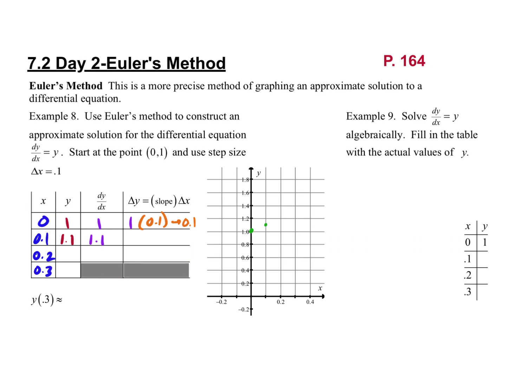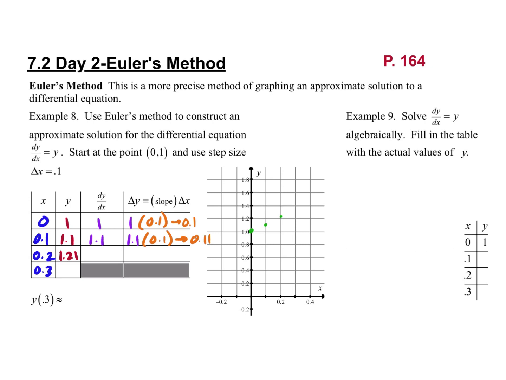Then I take that 1.1, multiply it by change in x, and I get my new change in y. So notice how the change in y starts growing slower, right? So instead of it growing by like 0.2, like double, it only grows by 0.11. So this number gets added to here, and I have a new y, and therefore I have a new point.